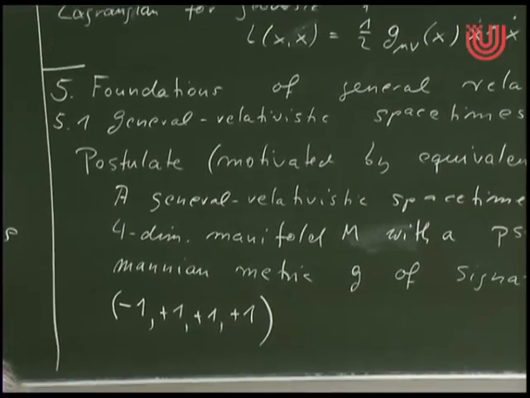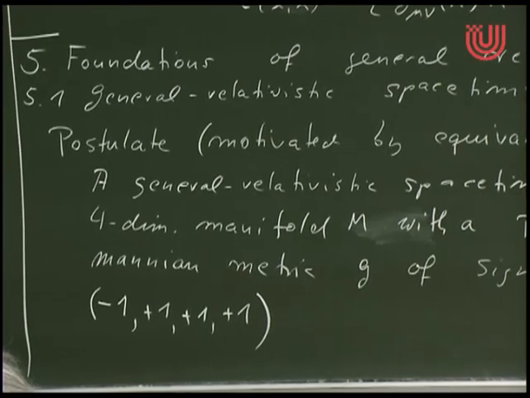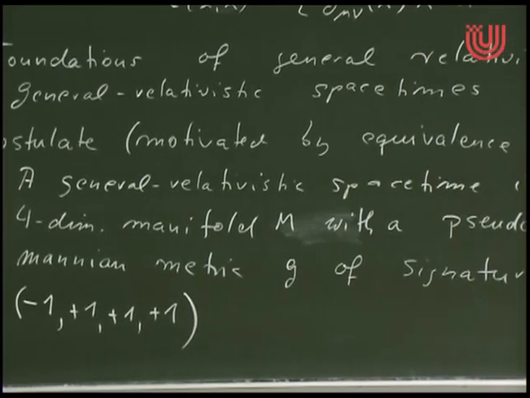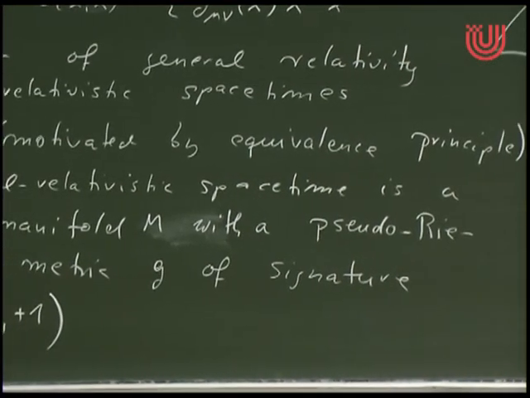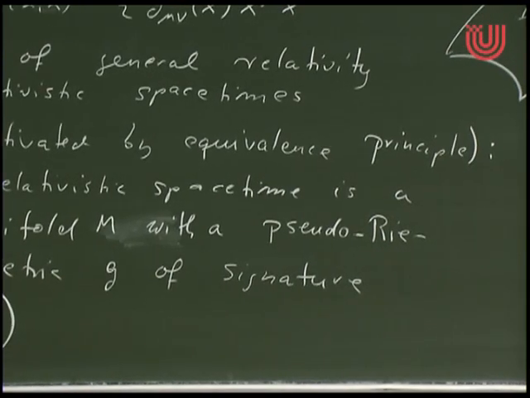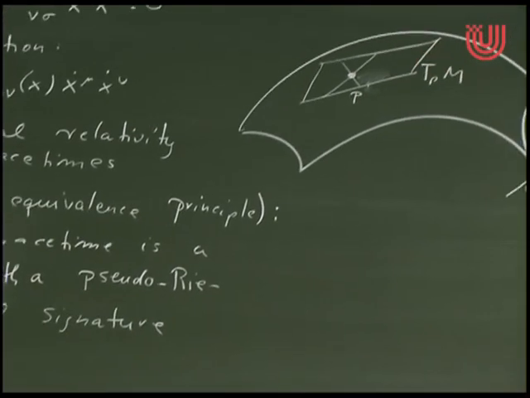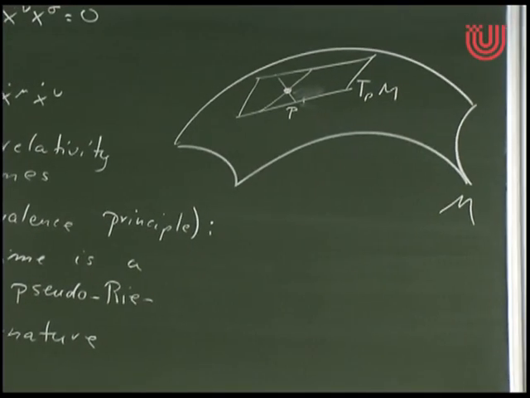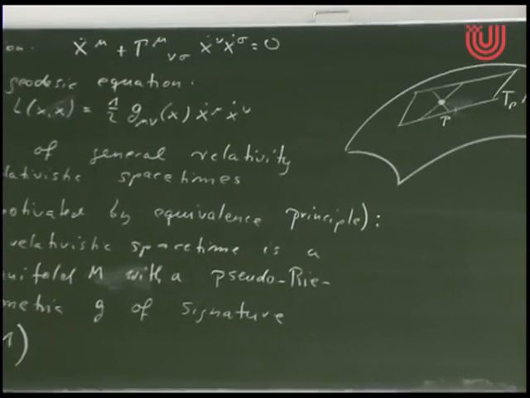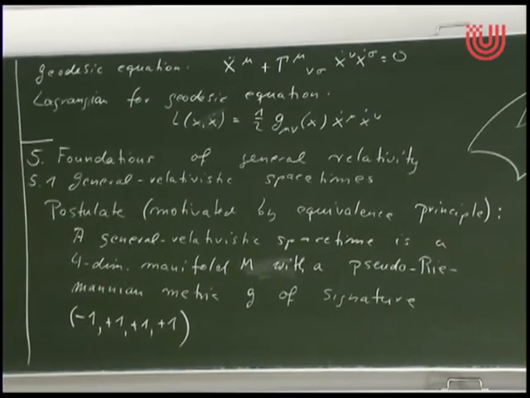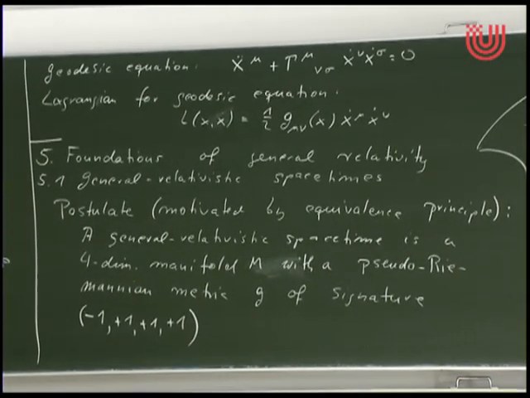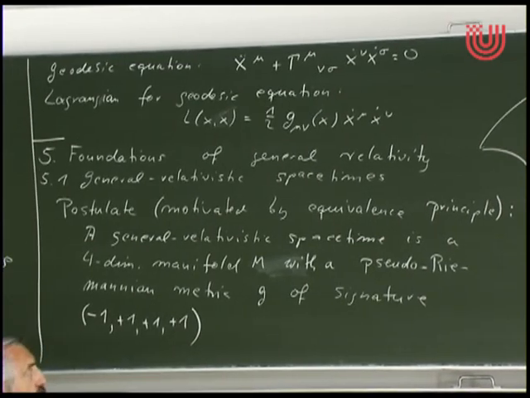This has a nice feature that the terminology is really fitting. We say general relativity in comparison to special relativity. This is of course only justified as general relativity is really a generalization of special relativity. So special relativity should be a special case of general relativity. So the special relativistic spacetime should be a special case of this, and of course it is.